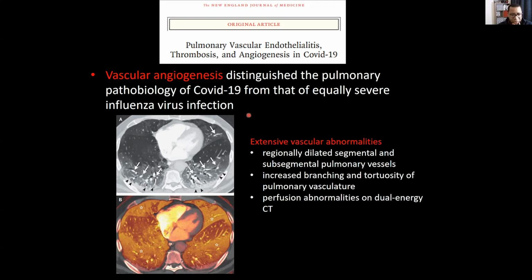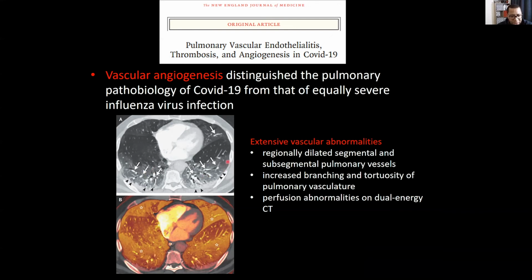So influenza virus infection was shown to cause endotheliitis and involve the capillaries and the endothelium as well. But what was really unique about COVID-19 was this vascular angiogenesis that was seen in this small series of about 20-something patients on autopsy. But what we've seen in radiology is that we're able to demonstrate these extensive vascular abnormalities.